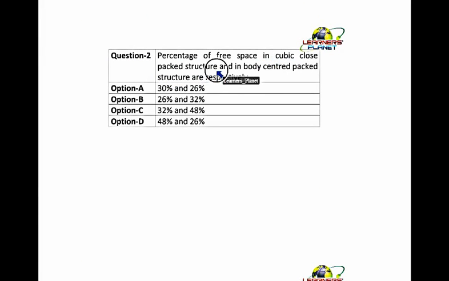Now let's take up the next question, students. Percentage of free space in cubic closed packed structure and in body centered packed structures are respectively. So what it's asking is free space. You know the packing fraction? The packing fraction of different structures. See, the packing fraction of cubic closed packed structure is 74%, right?